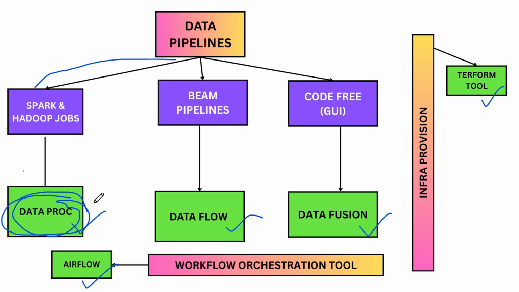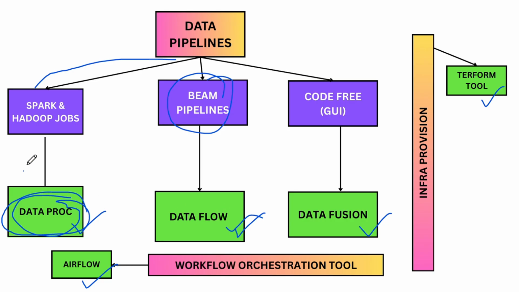Okay, next, if you want to create a Beam pipeline, if you want to deal with a Beam pipeline, you can go with the Dataflow tool. We use Dataflow when you are going to deal with real-time data processing. Real-time data is nothing but streaming data.